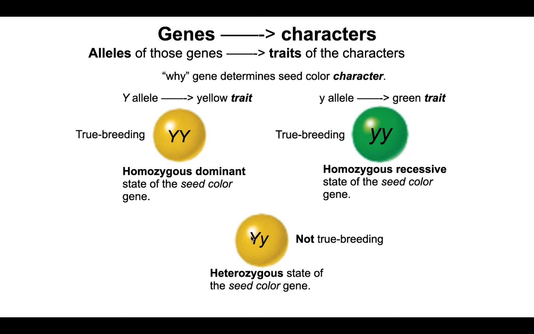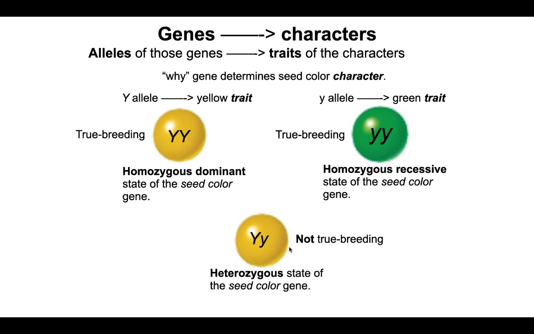This big Y, little y is a heterozygous state. We have two different alleles at the seed color gene, and this is no longer true breeding. If you cross this to itself, you're going to start to see some green seeds come out.